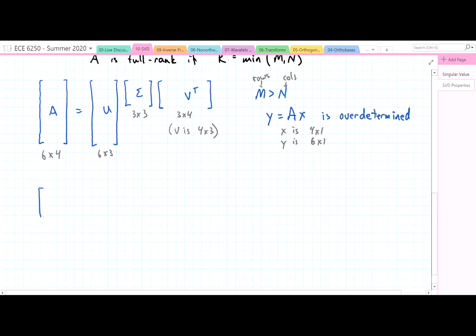Now let's go with a short, fat A. And maybe U sigma V transpose.